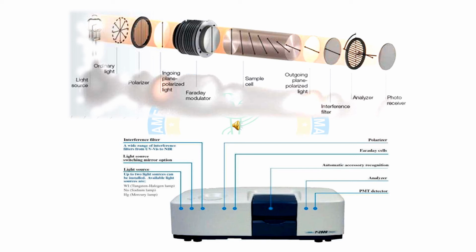After passing through the sample cell, the ray of light passes through the interference filter, analyzer and is received by the photodetector. The diagram shown below the ray diagram is the diagram for the polarimeter, which consists of the various parts shown above.